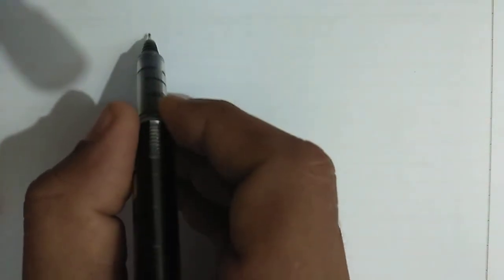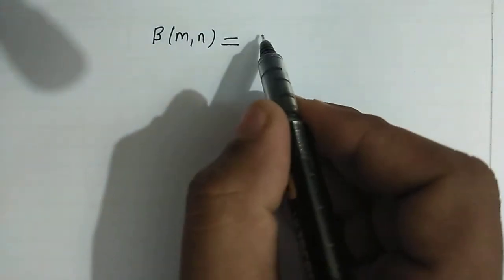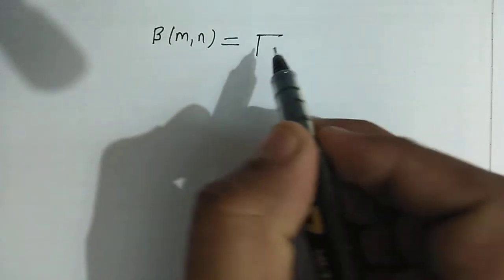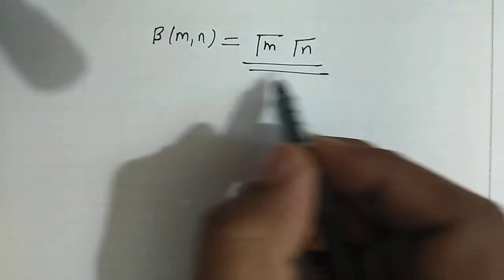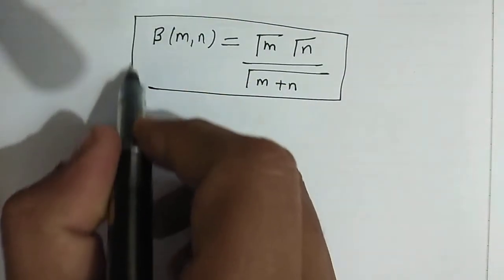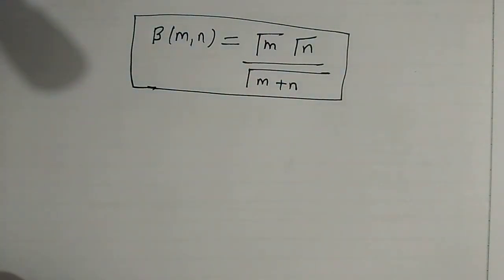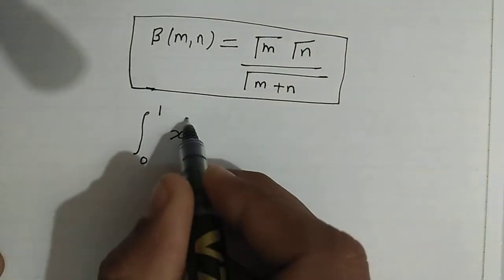First, we have the relation between beta and gamma function: beta(m, n) = gamma m gamma n divided by gamma(m + n). Now let us see one integral.